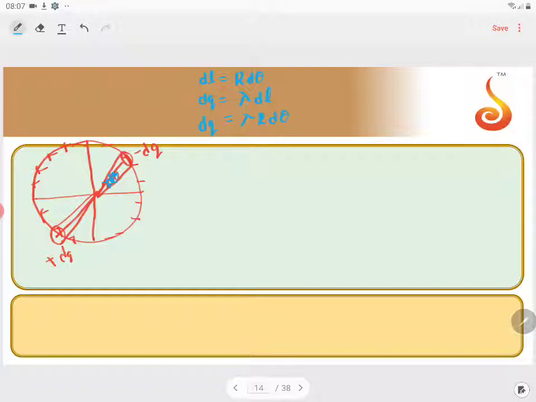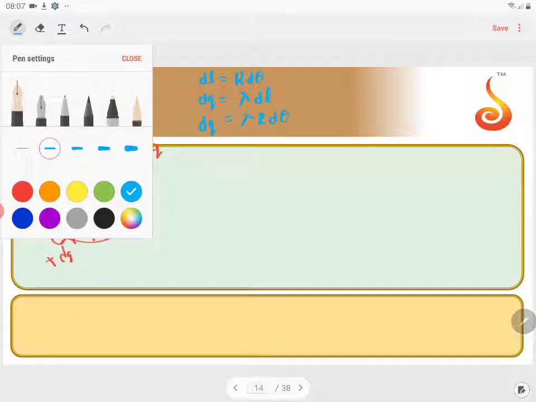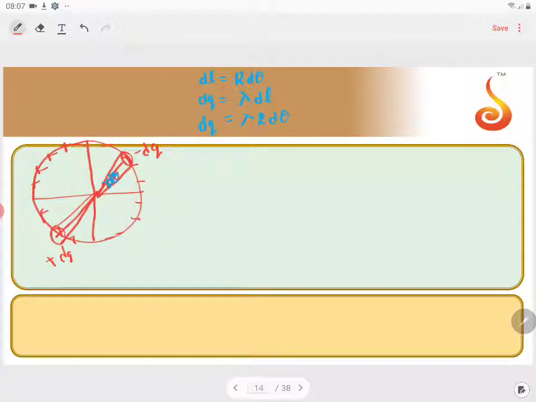Now, what is the magnitude of the small dipole formed between these two charges? The small dipole dp is equal to the product of the magnitude of one of the charges and the separation between them. So the small dipole moment formed between these two is lambda r d theta into 2r, so dp will be equal to 2 lambda r square d theta. Say this small element is considered at an angle theta.